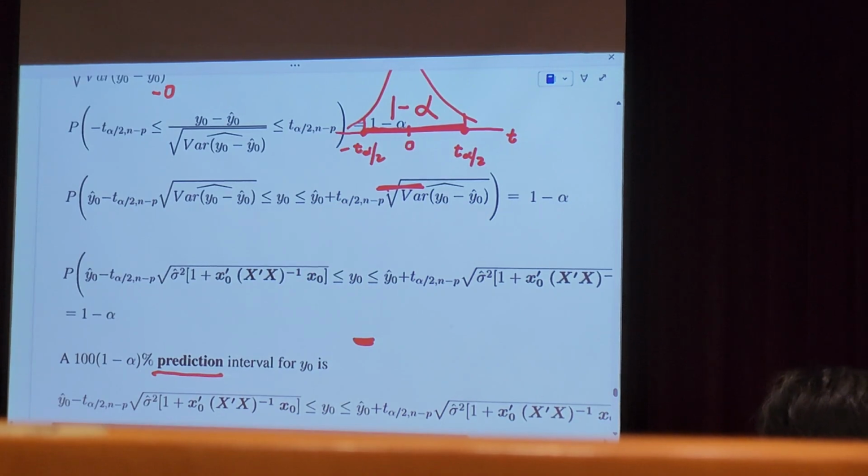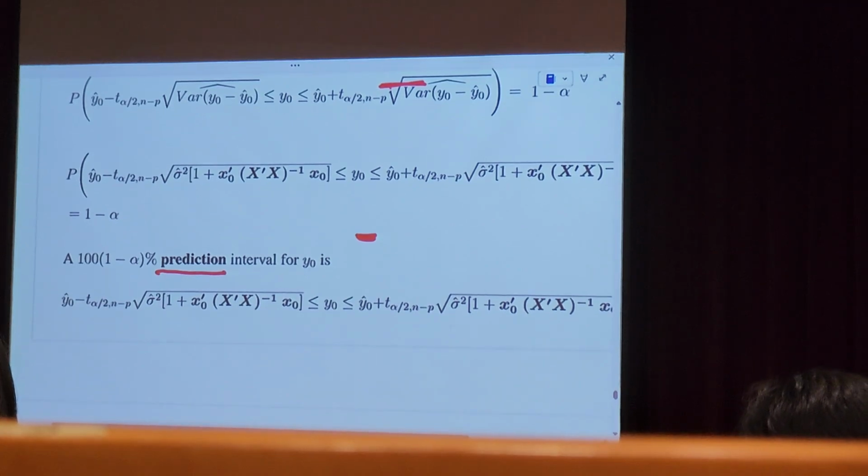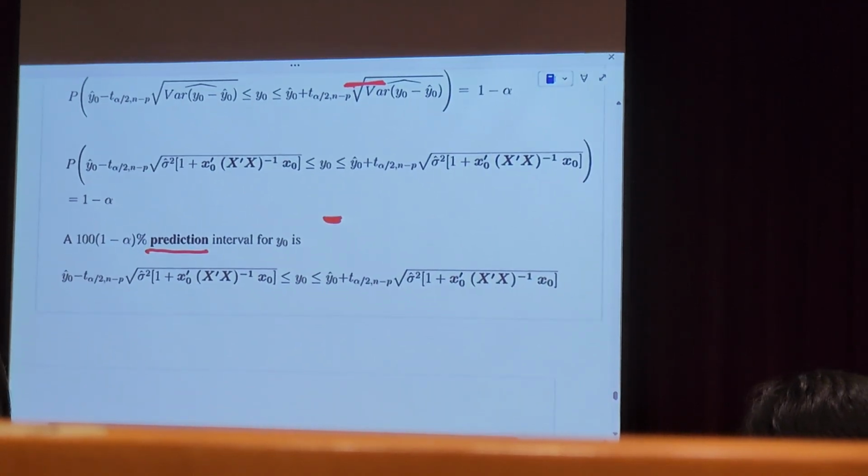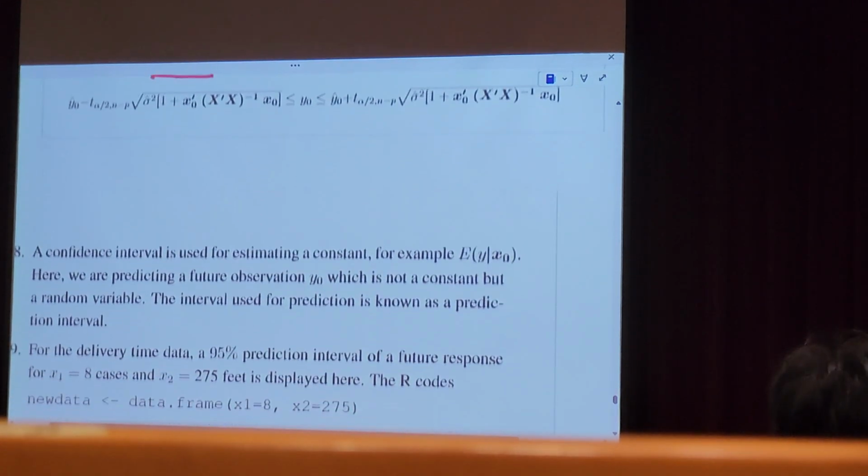Because we are trying to trap a random variable. So that's the difference between a confidence interval and a prediction interval. A prediction interval is an interval for estimating a future observation and a random variable. So you can then use this as your prediction interval. So everything can be found. Yeah?